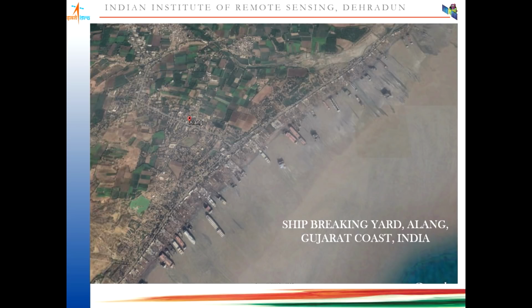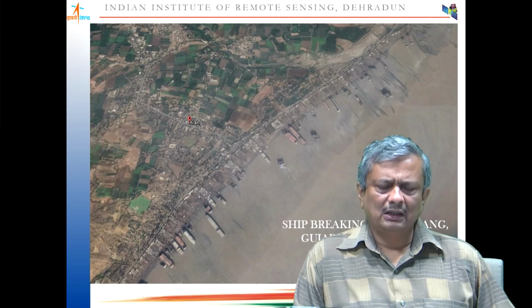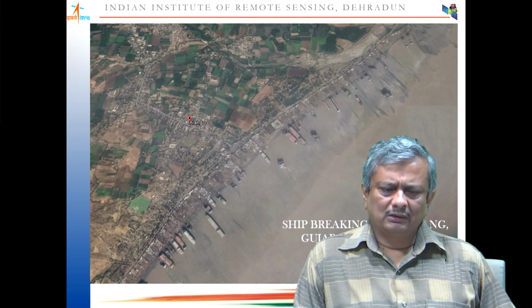Along with that there are a lot of problems with child labor and lots of pollution. You can see the color of even the coastal water. All the pollutants from the ships, particularly the iron and other metals, are mixing in the water, and the water is going parallel to the coast a further distance from Alang, and the water quality of surrounding places is also being degraded.